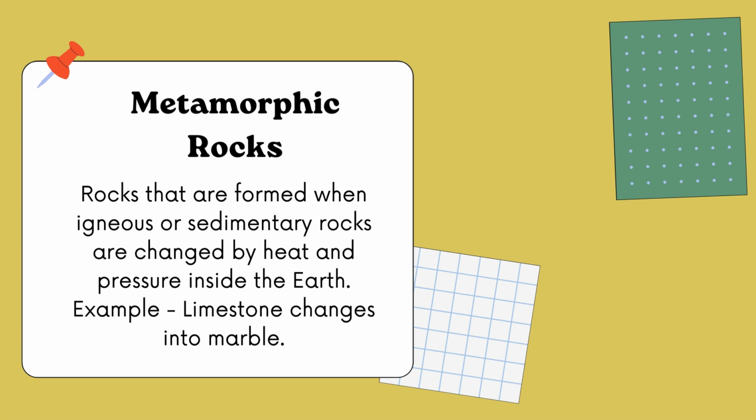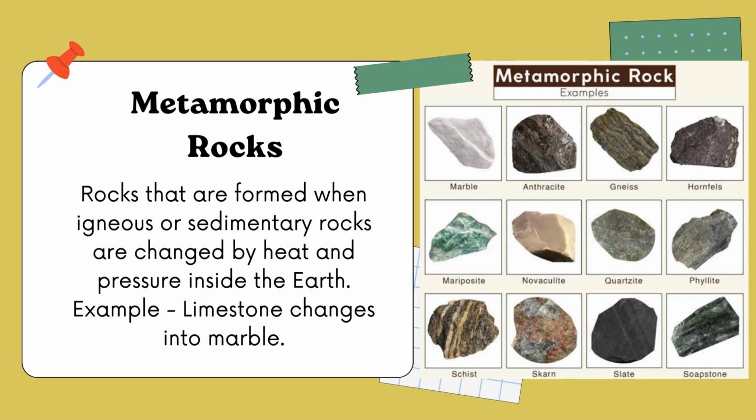So, I can say that unlike igneous rocks, which are made up of molten magma, and sedimentary rocks, which are made up of sediments, metamorphic rocks don't have a natural origin, but I can still say it's natural because it was formed because of a natural process.